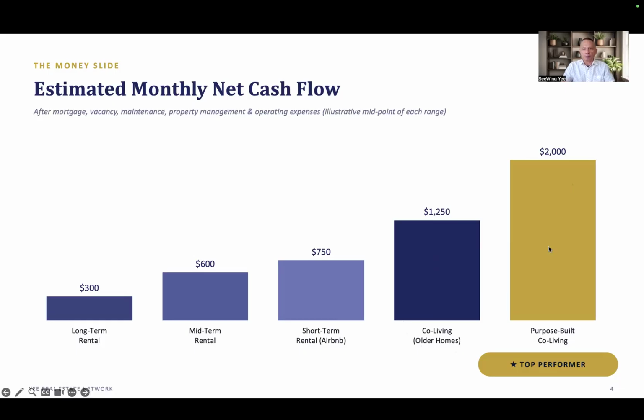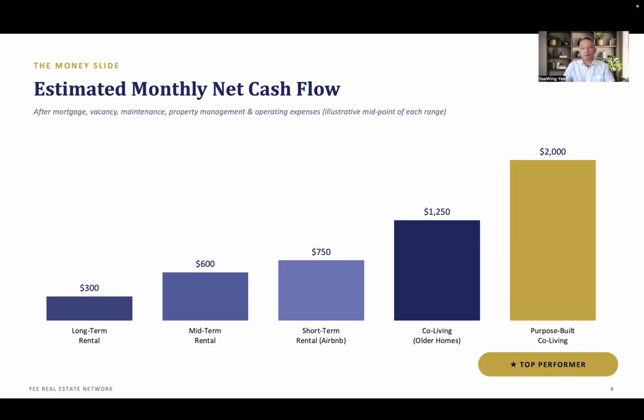Finally, a purpose-built new construction co-living property has 1 bedroom with 1 private bathroom, a 1-to-1 ratio. For example, a $320,000 new construction property with 7 bedrooms and 7 bathrooms, around 325K. Or a duplex co-living new construction property for $600,000 to $650,000, with 14 bedrooms and 14 bathrooms.